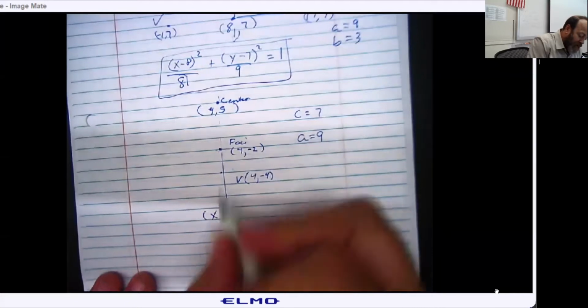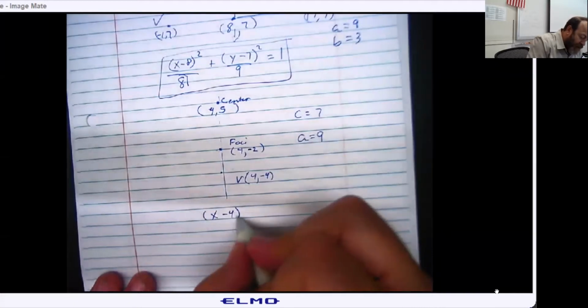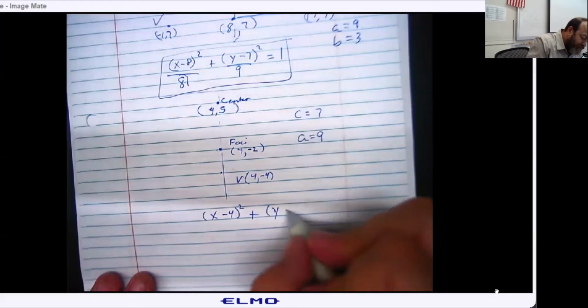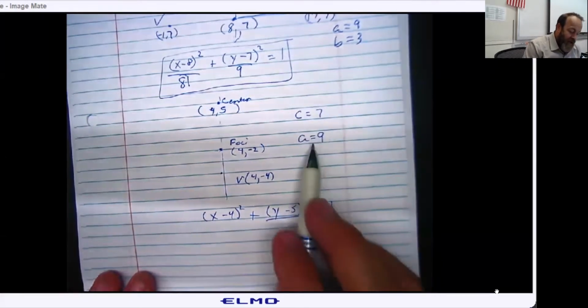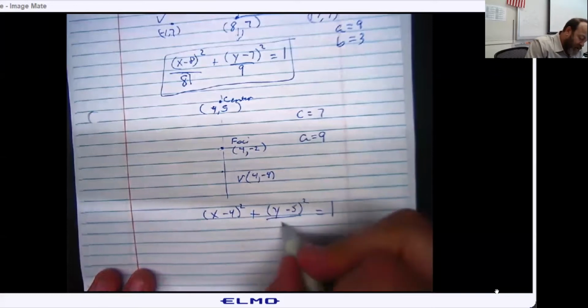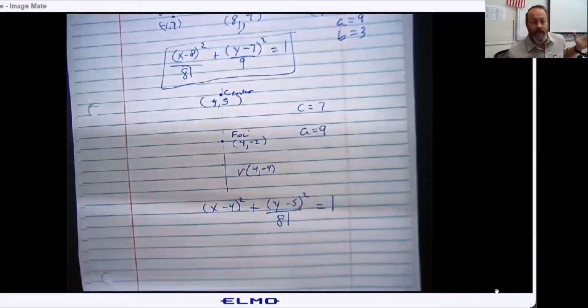I'm going to go ahead and take my center, x minus 4 squared, y minus 5 squared. And because A is 9, I actually just totally made up this problem at random. I didn't mean these both to have the number 81.